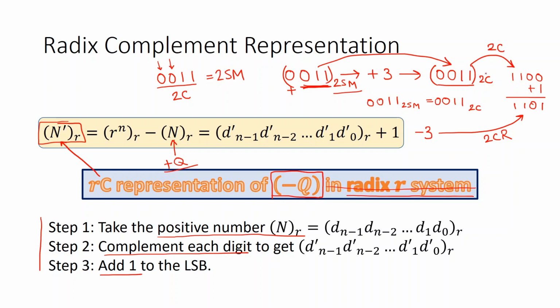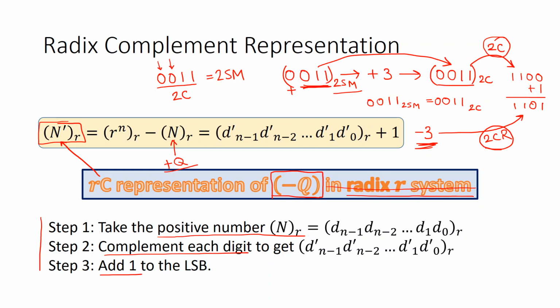You notice one thing, I have written here 2C, I have written here 2CR, because I am telling here that this number is 2's complement of this number. This number that I get is the 2's complement representation of minus 3.